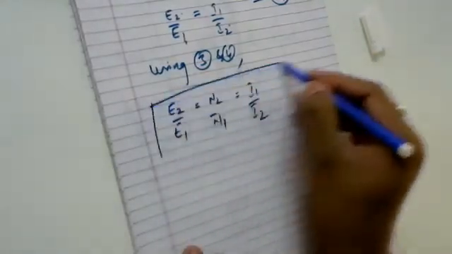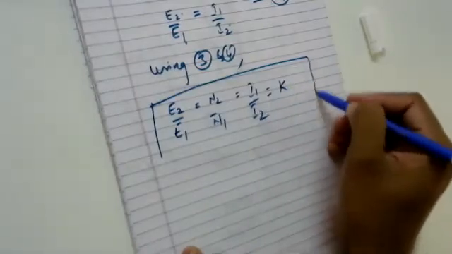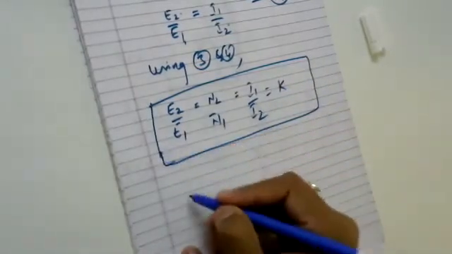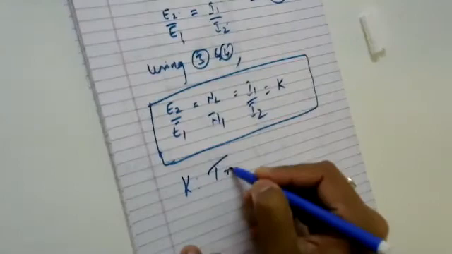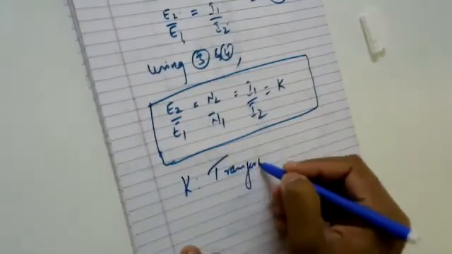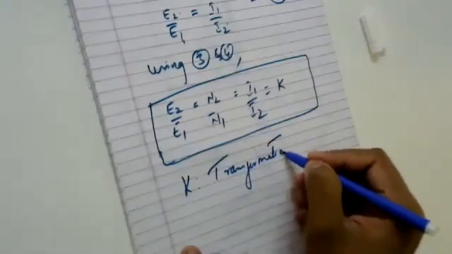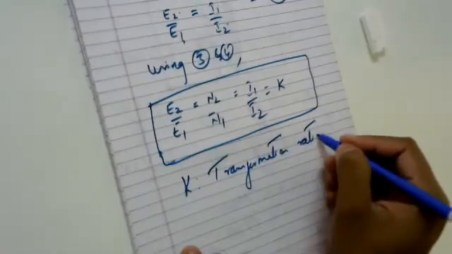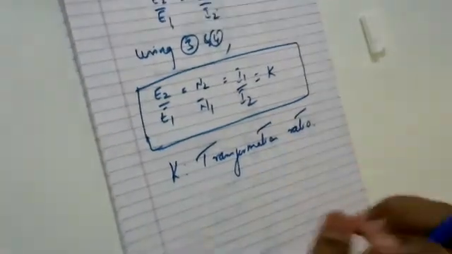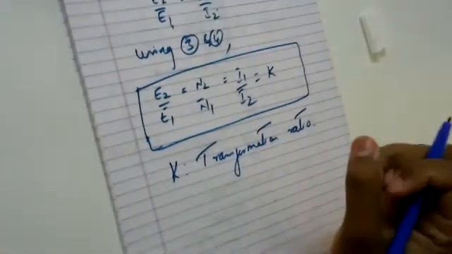This is equal to a ratio K, which is called the transformation ratio.